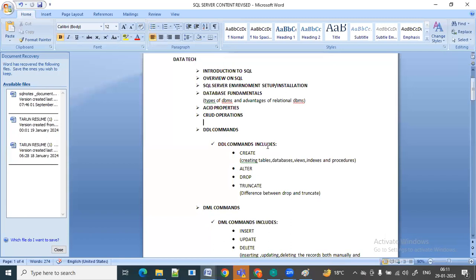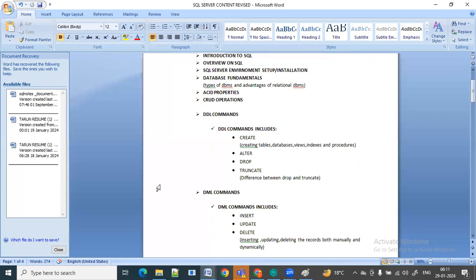Now, after creating, you find that you have created a table somewhat wrongly, which means you have to recreate or alter that table. So we will have alter commands, drop commands, truncate commands. See, drop and truncate both sound the same, but what is the difference? This is an interview question. So that we will be seeing in the DDL commands.